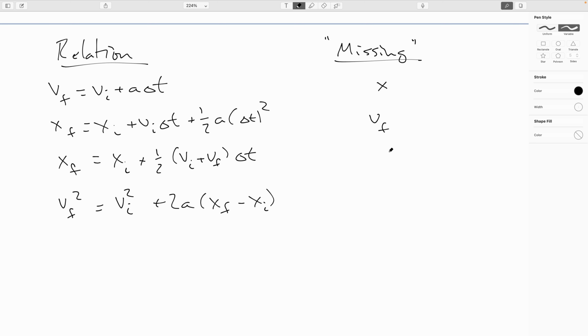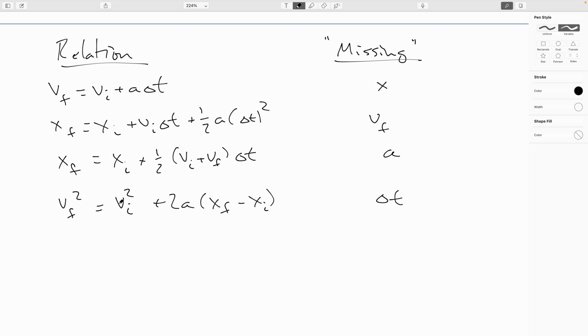This one here does not have the acceleration, and this one here does not have the elapsed time. And I mention this because it'll help us, when we have kinematics problems, situations where we can model the acceleration as a constant, to pick which equation we want.